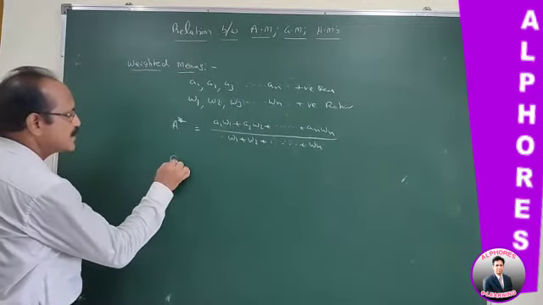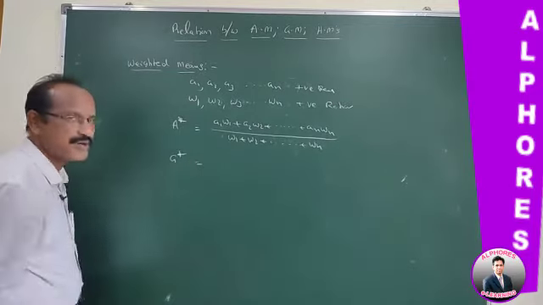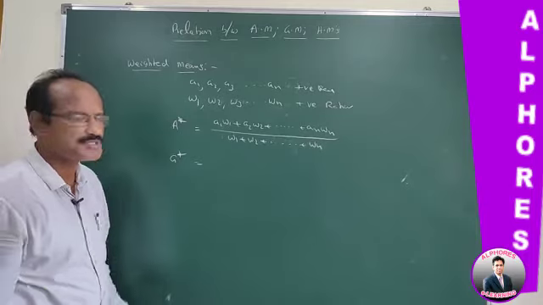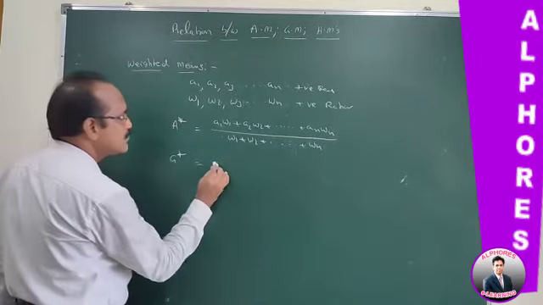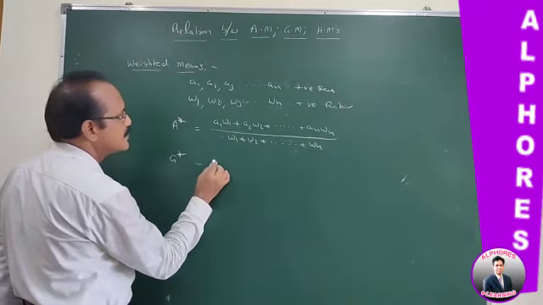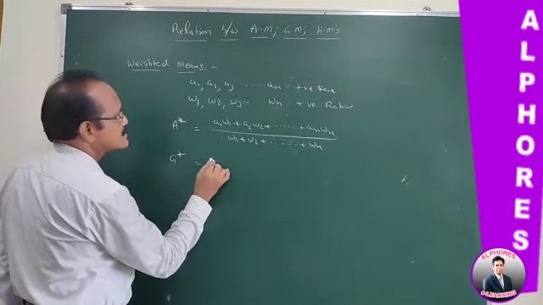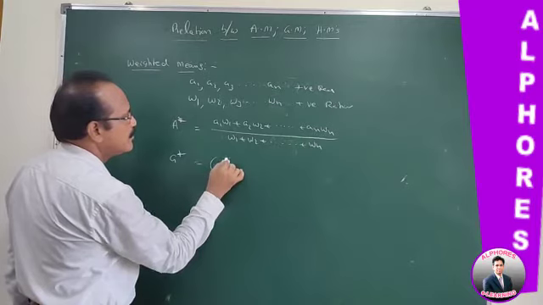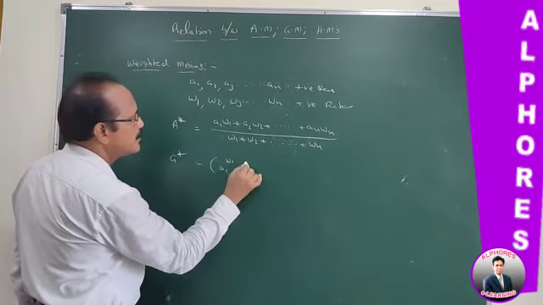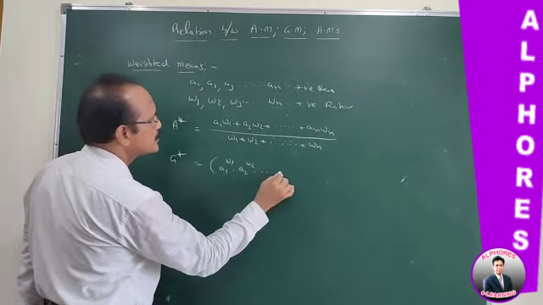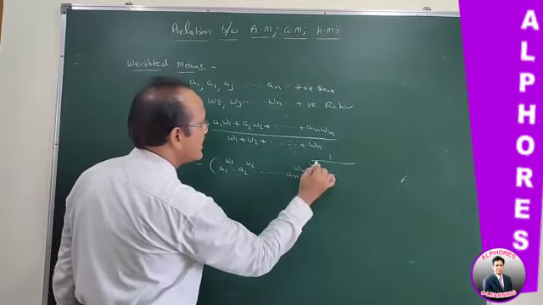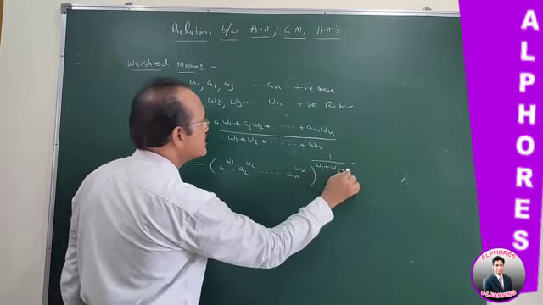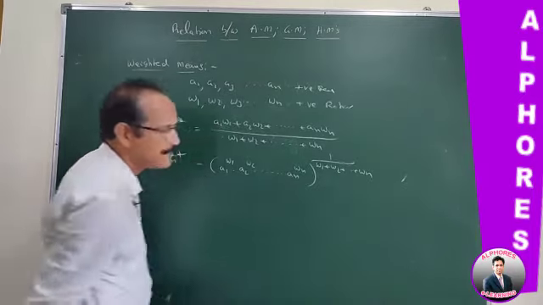And the weighted geometric mean is denoted by G star. It is given by (A1 power W1 into A2 power W2 into so on An power Wn) whole power 1 by (W1 plus W2 plus so on Wn).